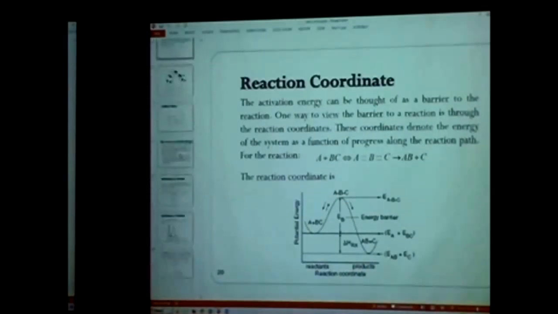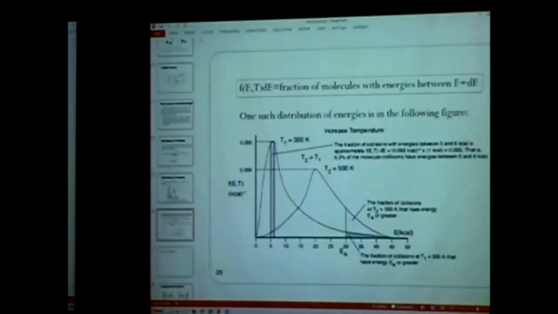I'm trying to find this. Okay, here we go. So let's assume this is a typical graph of f of u and T, like this one.